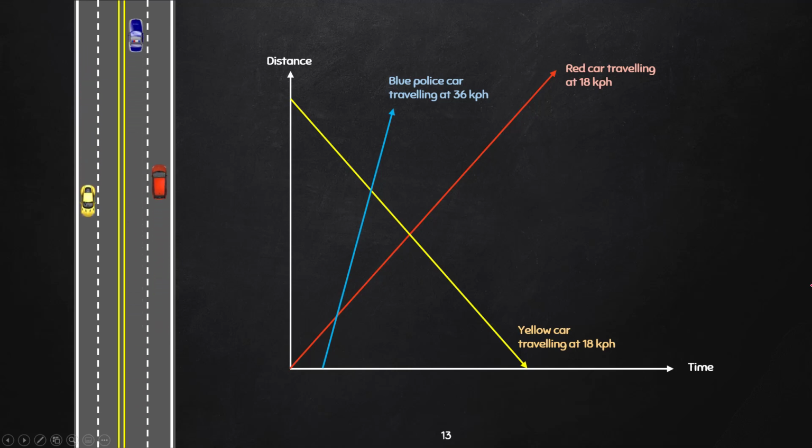So this animation shows it again. Okay, we can see that the police car is traveling faster.